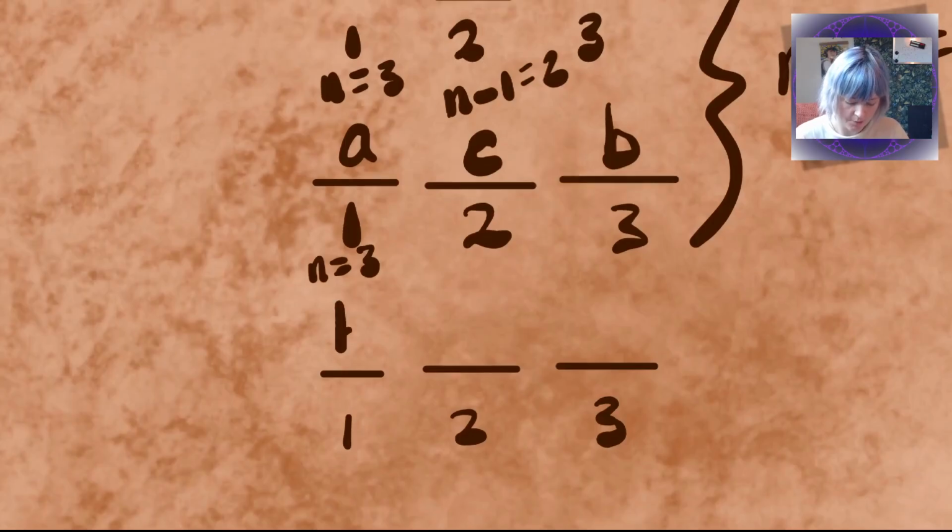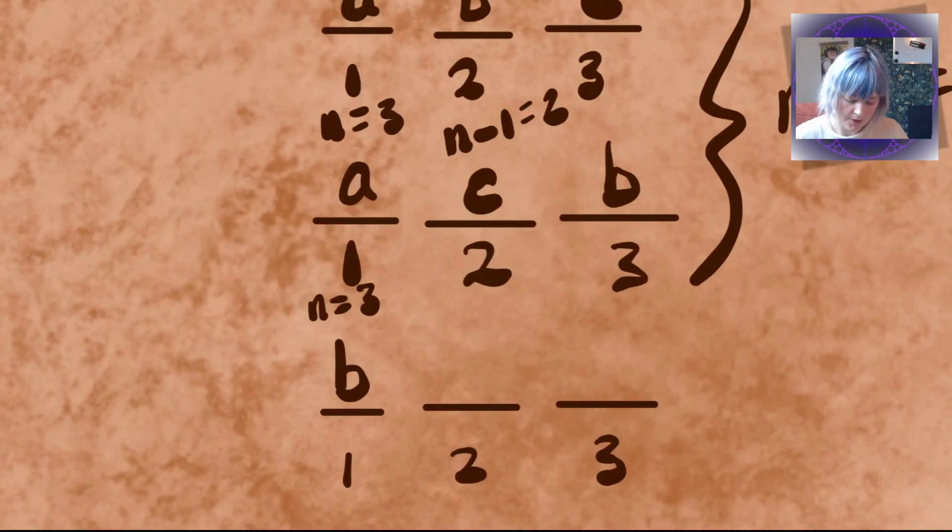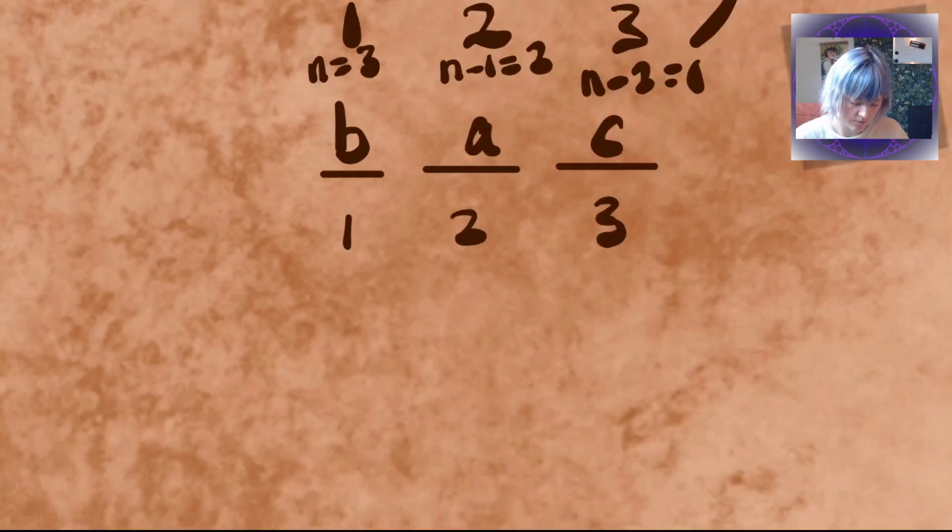So I know that I have to choose B. And if I choose B, then I have two elements I could choose. I could choose A or I could choose C. I'm going to choose A. So then here I have C.